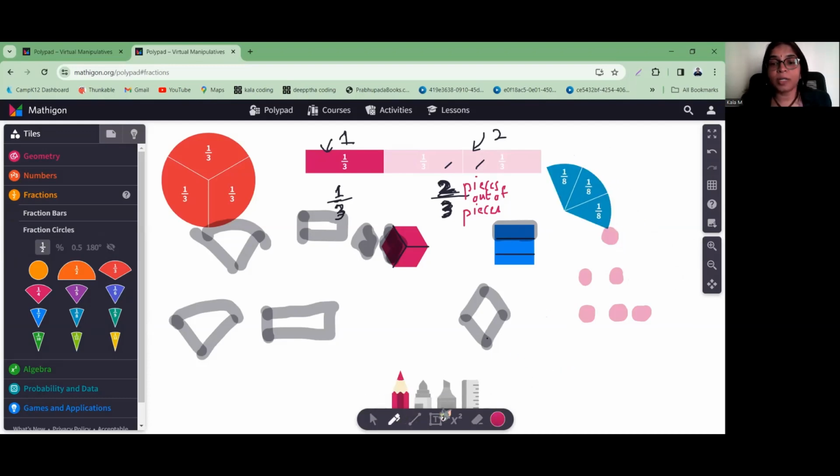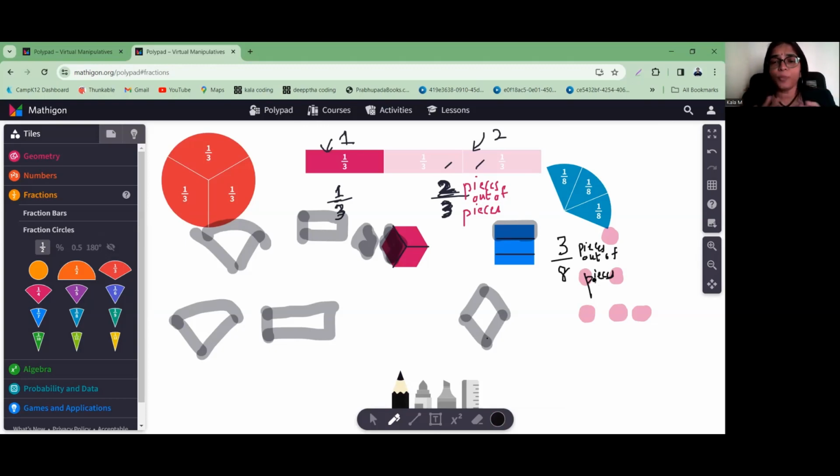One way is to say 3/8, right? We all know this is 1/8, 2/8, 3/8. That's how we count. Or we can say 3 pieces out of 8 pieces. Correct? Instead of saying these words, we're just saying 3/8.